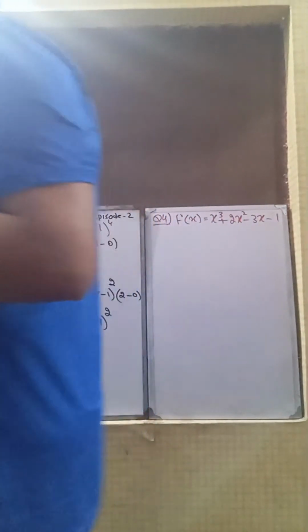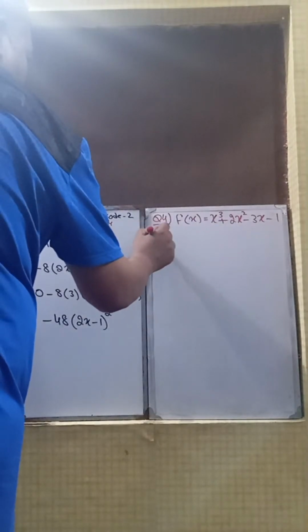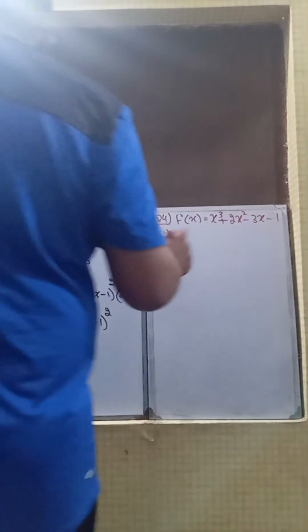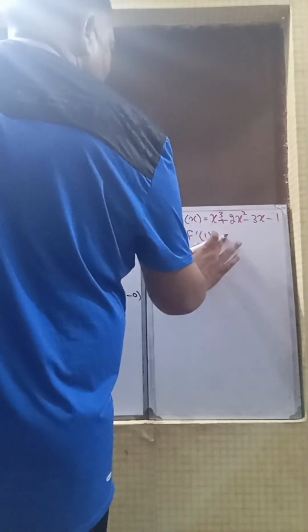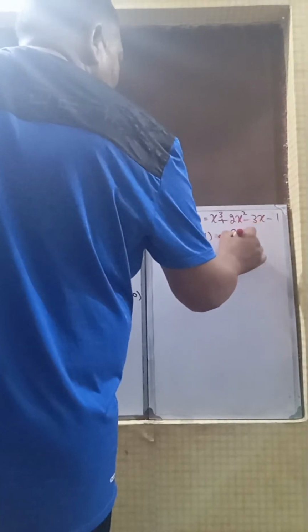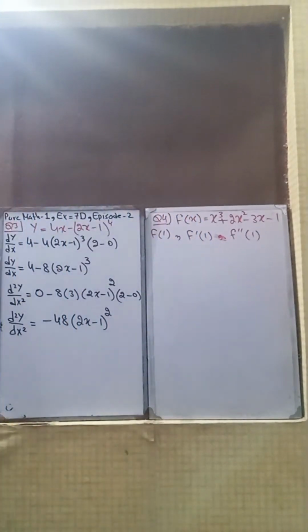They ask me different questions. They ask me what is f of 1. Then they ask me what is the first derivative if I put 1 in it. And then their question is if I take the second derivative and I put 1 in it. So these are the 3 things they have asked us to find out.